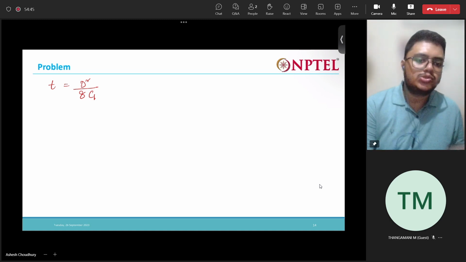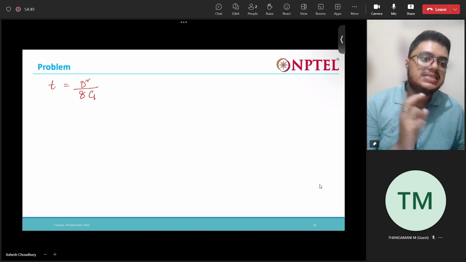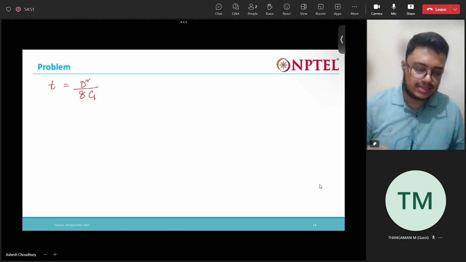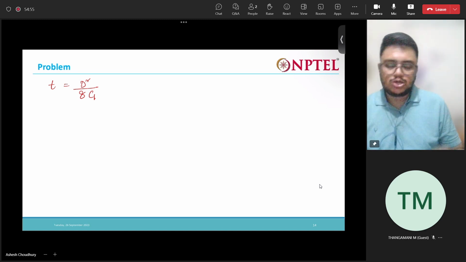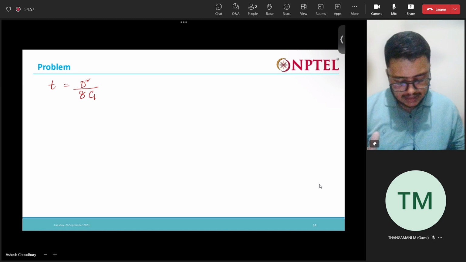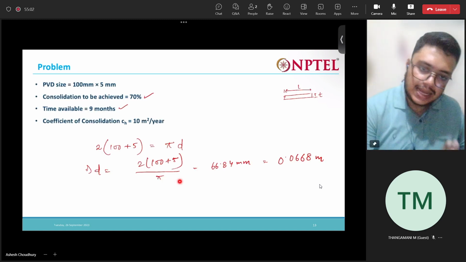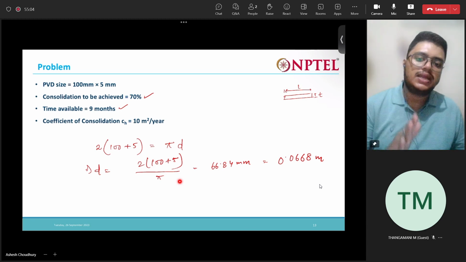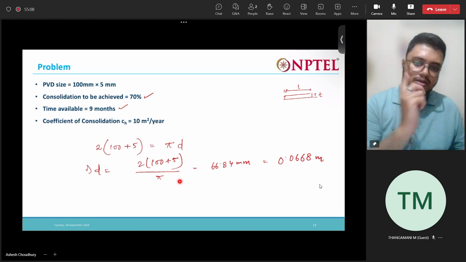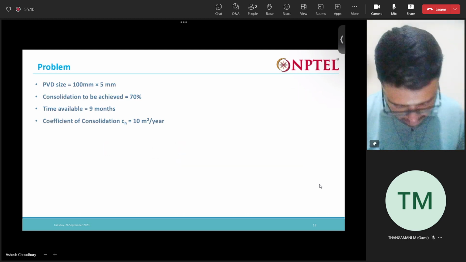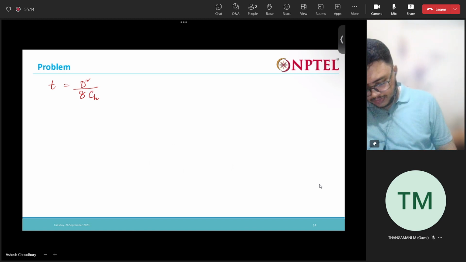Ultimately our purpose is to design, that is, to determine the spacing and arrangement of these PVDs. In order to achieve 70% consolidation in 9 months, what arrangement and spacing of PVDs should we have? That we need to find out.